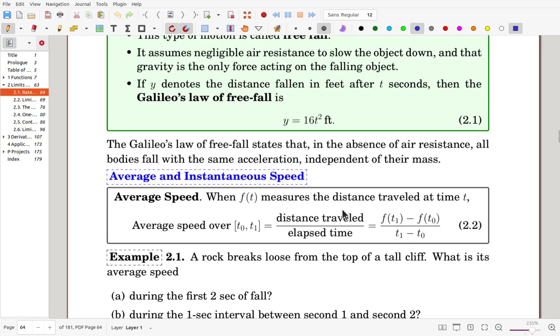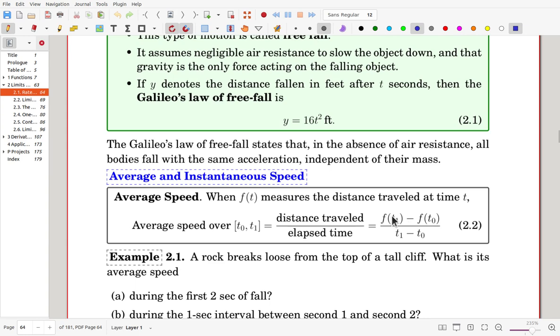Okay. Now, for that equation, let's try to measure average speed. The average speed of the rock will be computed in this way. If we choose the interval from t0 to t1, then that is f(t1) minus f(t0).